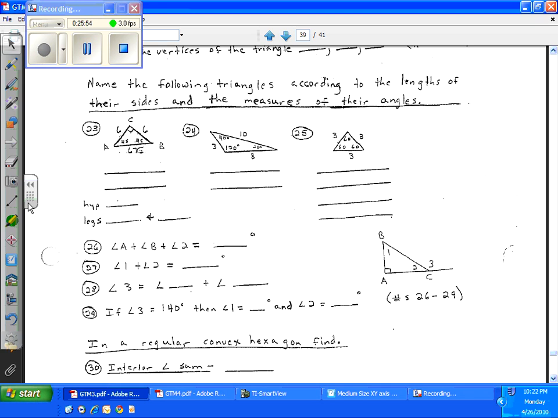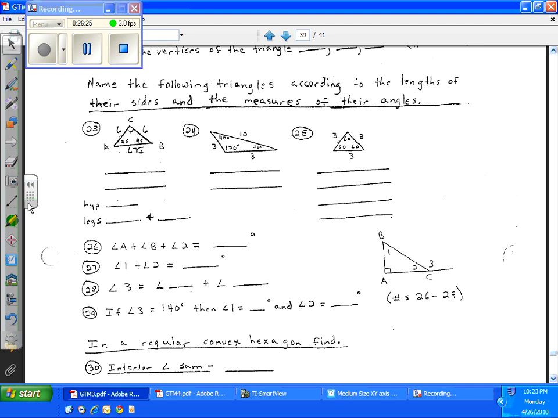A triangle with all three sides equal is called equilateral. If all of the angles are less than 90, we say that it is an acute triangle. If it has one angle that is equal to 90, we call it a right triangle. If we have one angle that is greater than 90, we call it an obtuse triangle. And we know that there can be at most one obtuse or one right angle in a triangle.